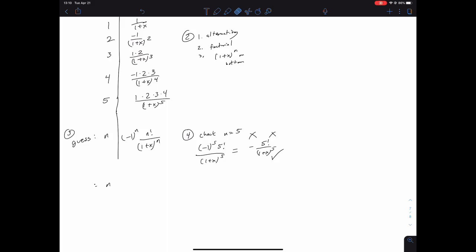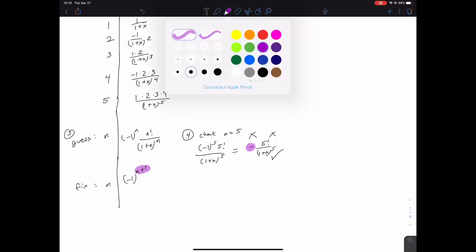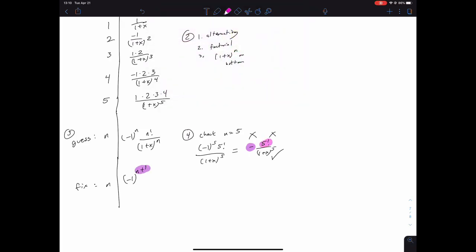Oh, fix. Fix is what I said last time. So the fix is going to be negative 1 to the n plus 1. The fact that this was wrong means I changed this to the n plus 1. And then the fact that this was wrong, this shouldn't have been 5 factorial. In the real thing, it was 4 factorial. So instead of using n, I will use n minus 1.